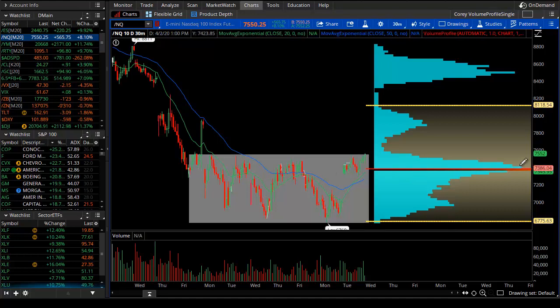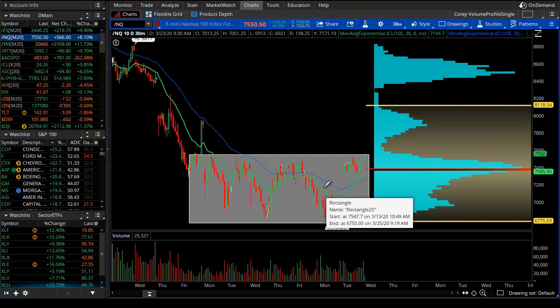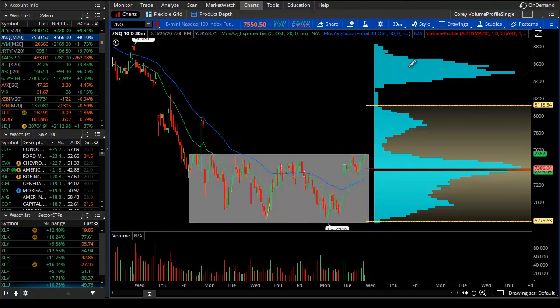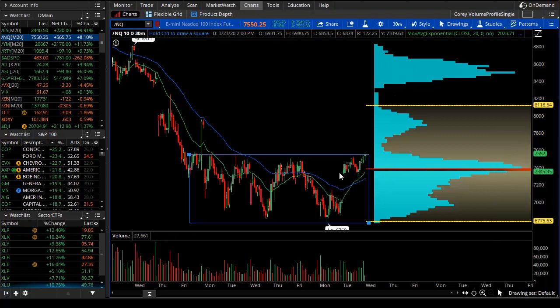And at the high volume node, we can expect chop, or this concept of range expansion to the downside, range contraction, that's our box or the rectangle, and then possible, planned out at least, range expansion, in this case to the upside.